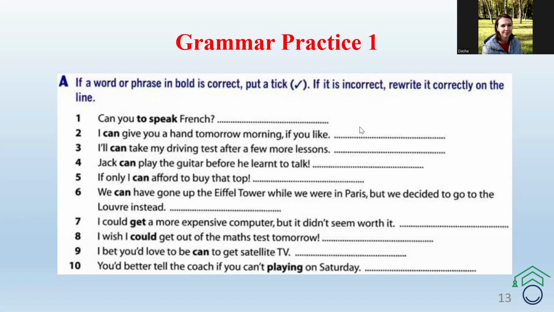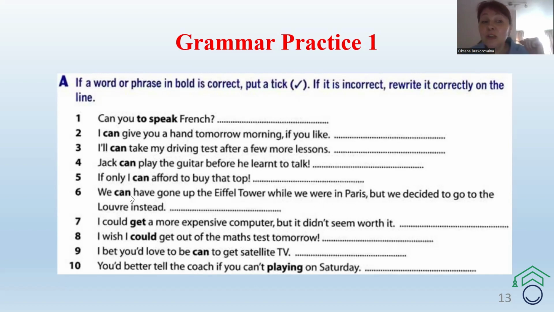Sixth. We can have gone up the Eiffel Tower while we were in Paris, but we decided to go to the Louvre instead. We are able to. You see, the sentence refers to the past, yeah? When we were in Paris.